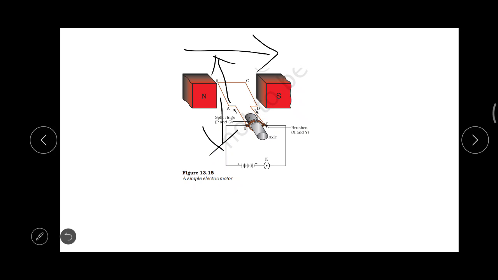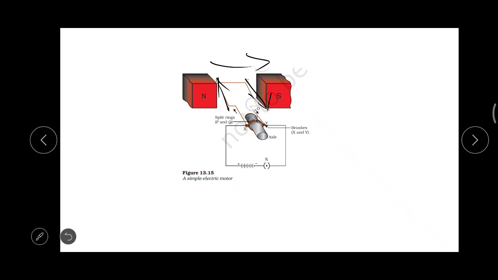And in the case of the arm CD, the exact opposite will happen, because the magnetic field direction is the same, only the current direction changes from C to D, whereas in the case of the arm AB it was from A to B, exactly the opposite direction. And as a result, you can use Fleming's left hand rule here.